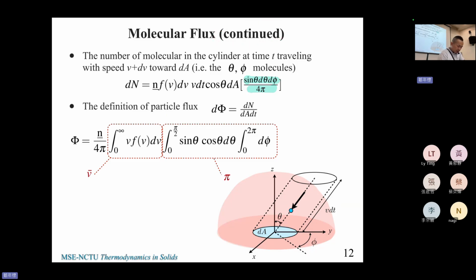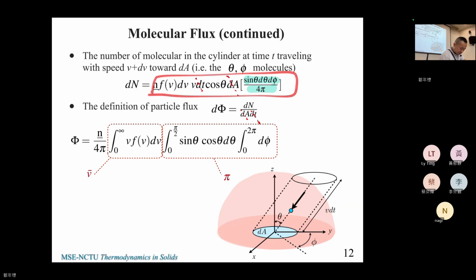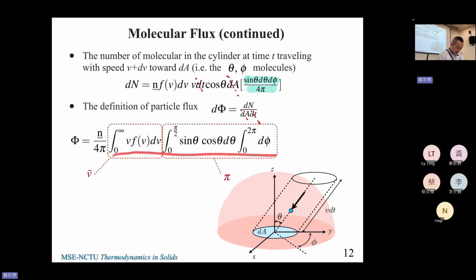All right. The definition of the particle flux is this one, right? So we notice that we can cancel the A, and we can cancel the T. So the only thing left is this one times this.